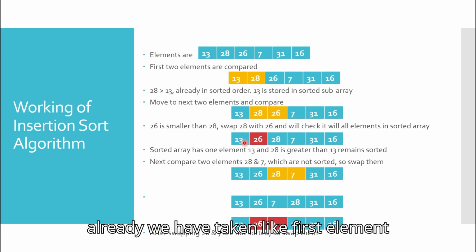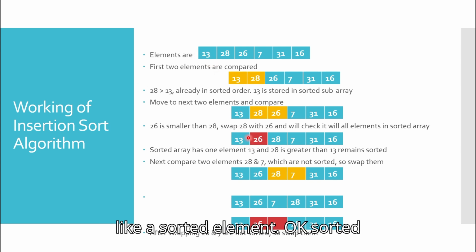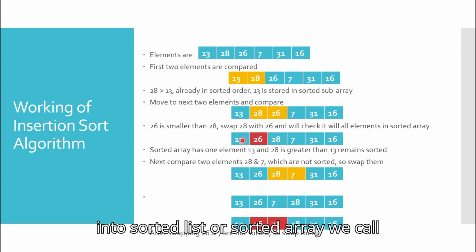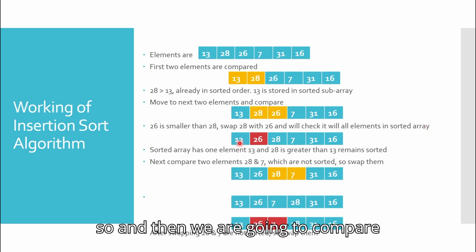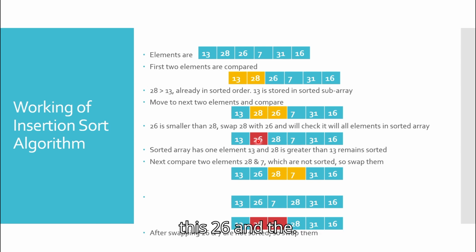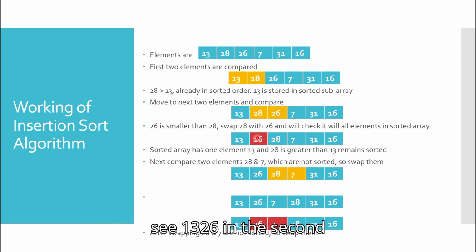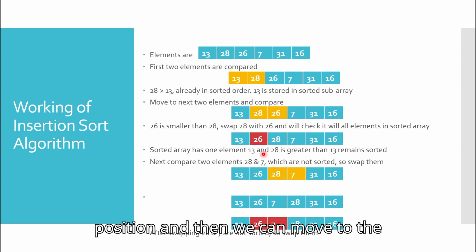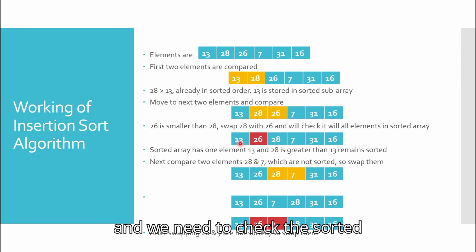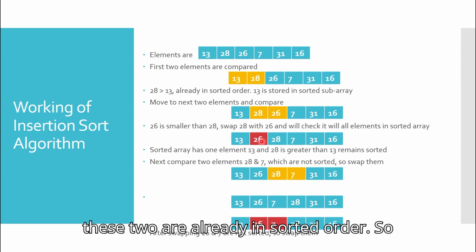We have already taken the first element as the sorted list, or sorted array. Now 28 and 26 got swapped, and we can see 13 and 26 in the first two positions. Checking the sorted list, 13 is there and 26 after the swapping, so these two are already in sorted order.